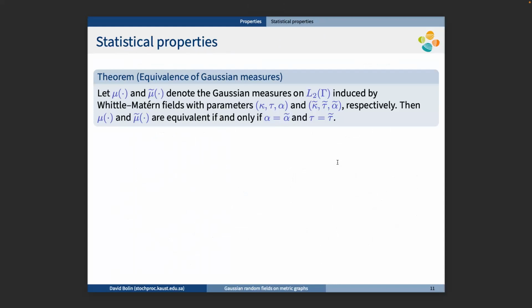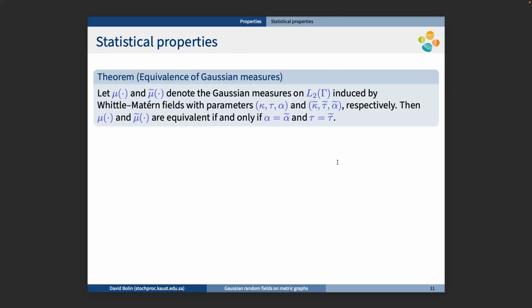We can also say things about more statistical properties of these models. So as soon as you want to do theory for, say, likelihood or maximum likelihood inference for Gaussian processes, a crucial concept is equivalence of Gaussian measures.